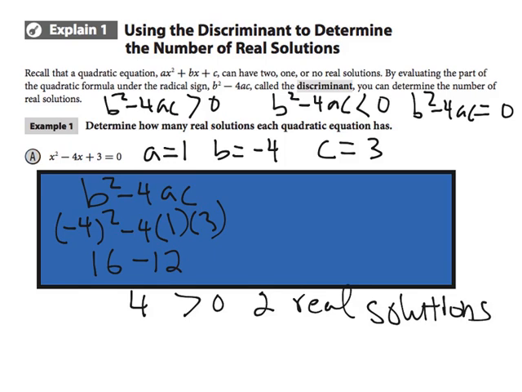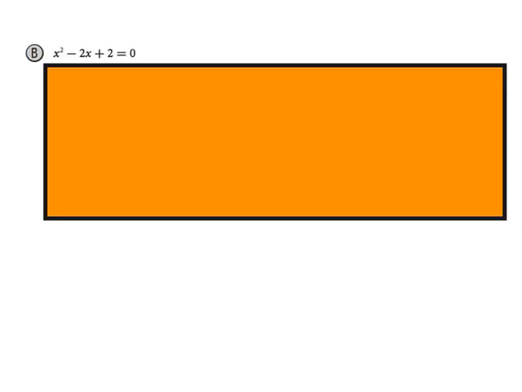Let's go on to our next example. Example B: negative x squared plus 2x plus 2 equal to 0. Once again, identify the values: a is negative 1, b equal to 2, and c equal to 2. The discriminant is b squared minus 4ac.